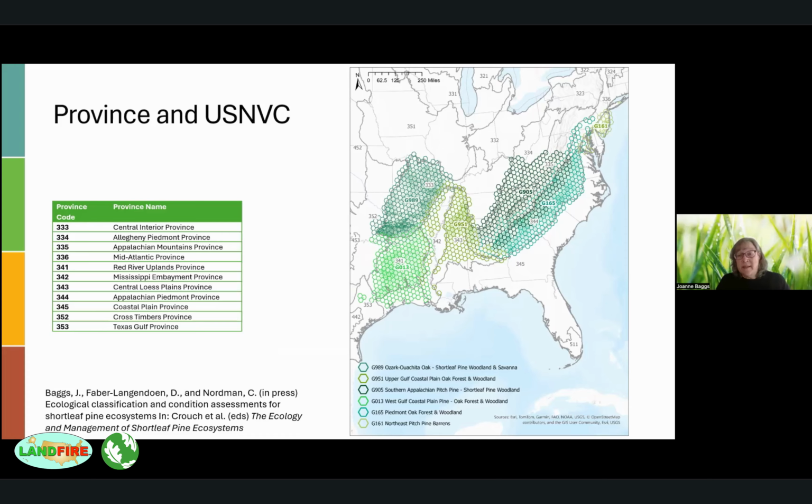So we can take the same information, go all the way from the site up to the province, nested within both hierarchies, to understand the systems, to understand what we're managing, and how those can respond to management. That gives us a robust tool, a variety of tools, to look at how we implement and how we think about our landscapes.